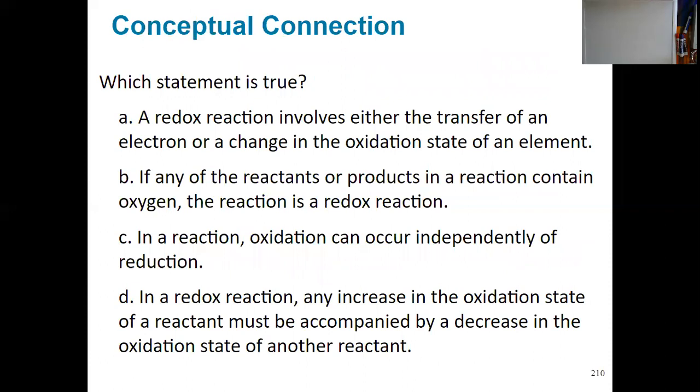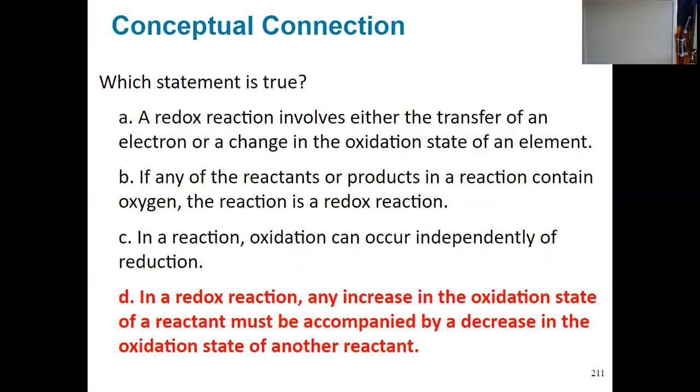Okay, so take a second to look at this. Which statement is true? Okay, so out of all of these, this is one that makes sense. In a redox reaction, any increase in the oxidation state of a reactant must be accompanied by a decrease in the oxidation state of another reactant.